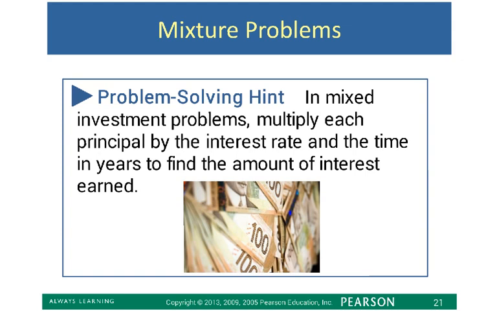It says, in mixed investment problems, multiply each principal by the interest rate and the time in years to find the amount of interest earned. So the formula that we're going to be using here in this problem is our simple interest formula, I equals PRT. And we'll apply that in this next example.